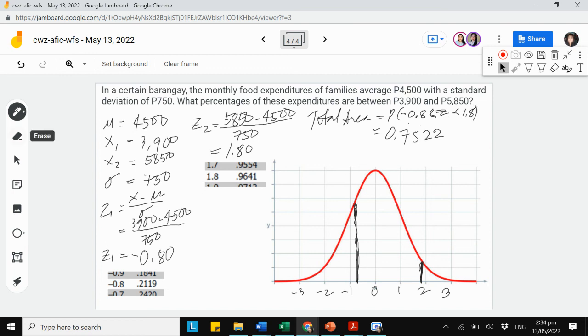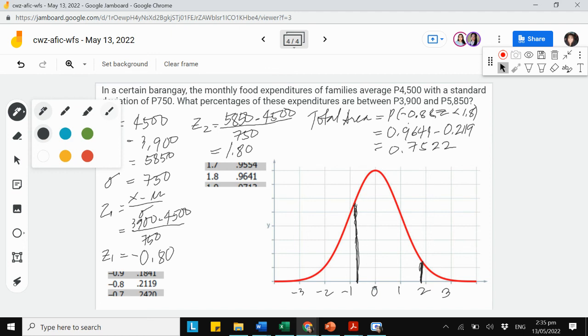Okay? That is why, pag pinresent natin, pwede natin isulat as 0.9641 minus 0.2119, giving you a total area of 0.7522. Okay? So, ito yung pinaka-area niya ngayon.